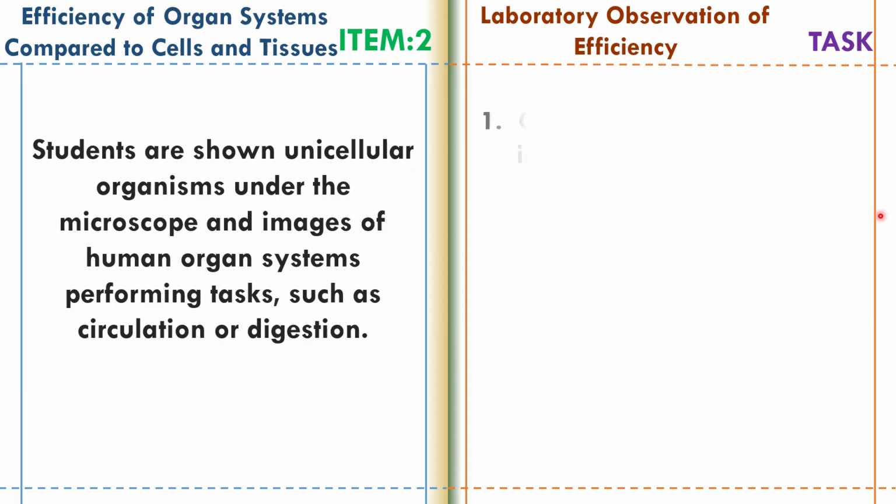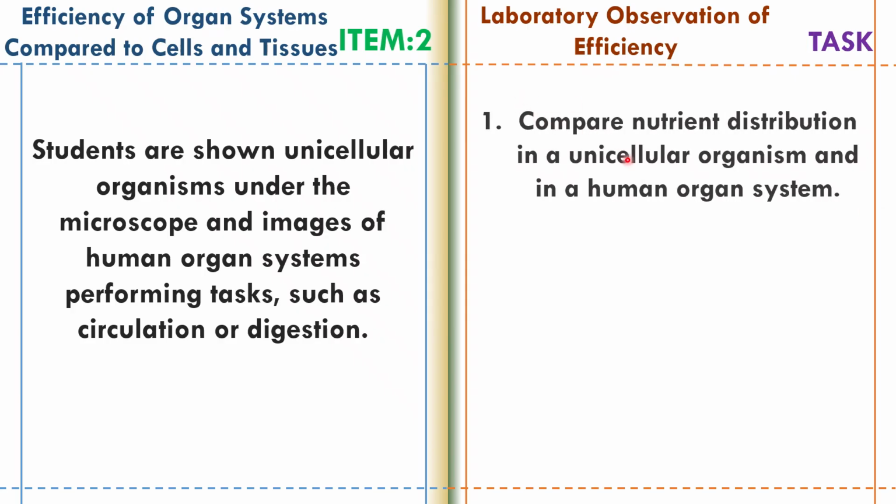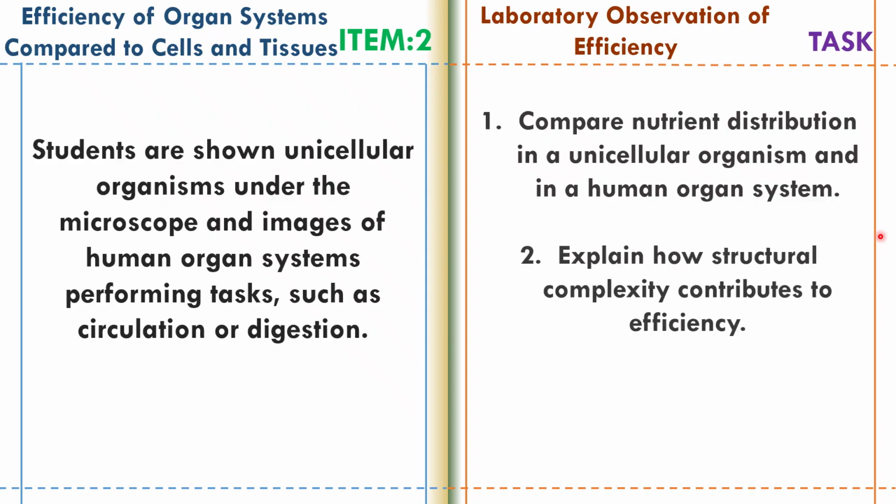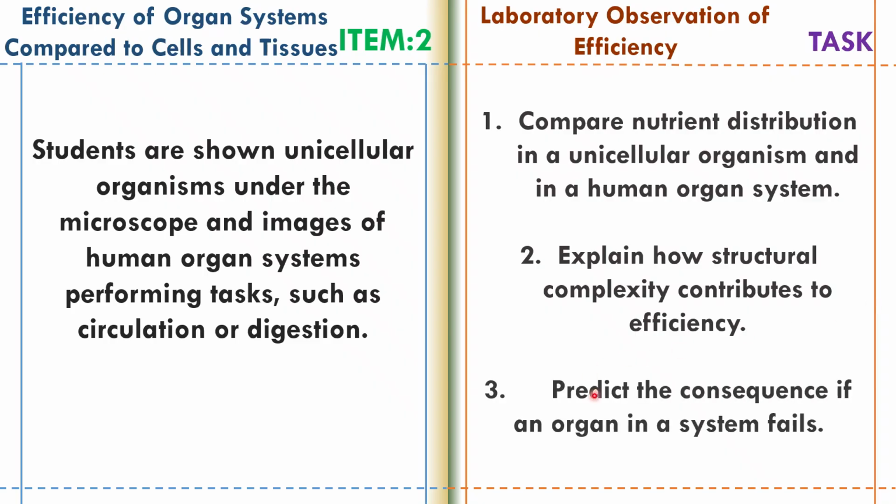Task: Compare nutrient distribution in a unicellular organism and in a human organ system. Explain how structure complexity contributes to efficiency. Predict the consequence if an organ in a system fails.